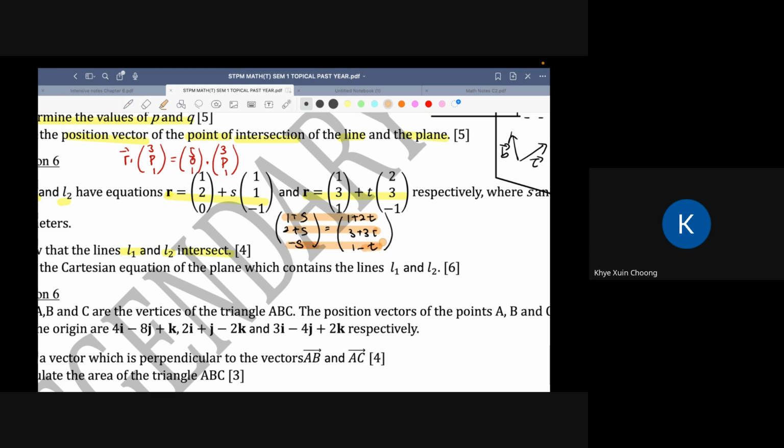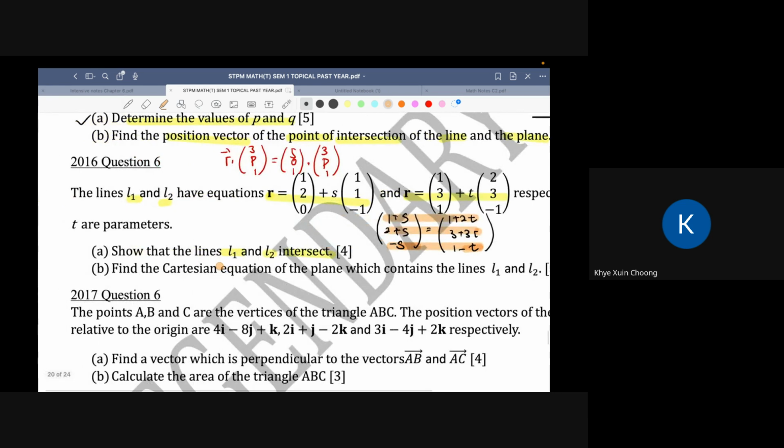If you can prove that the third equation's left hand side equals the right hand side, then the two lines intersect. Okay, this is what we do now. After you found S and T, use the third equation to prove that the left hand side equals the right hand side. Then this means that lines L1 and L2 intersect.